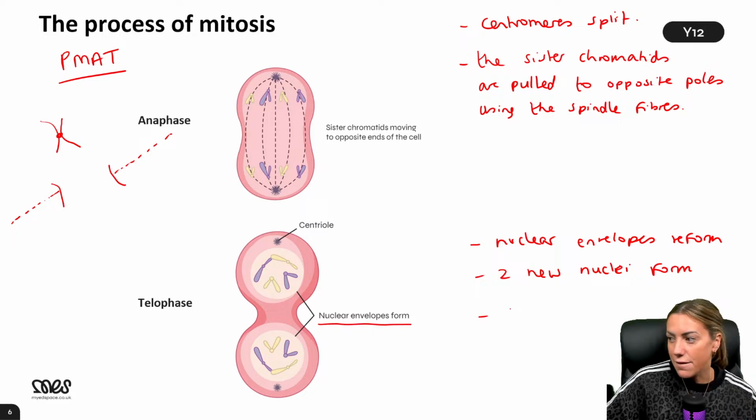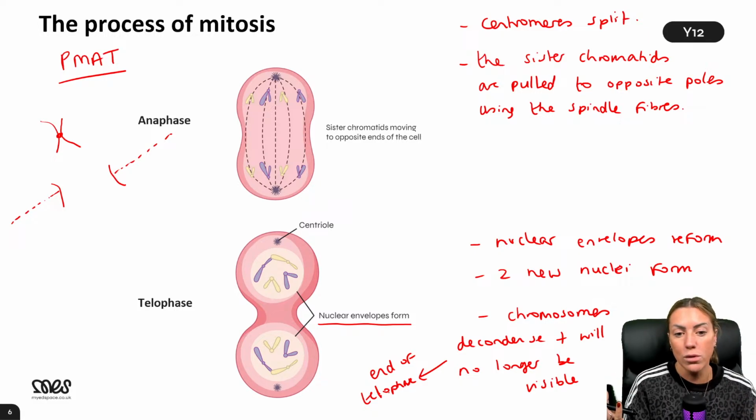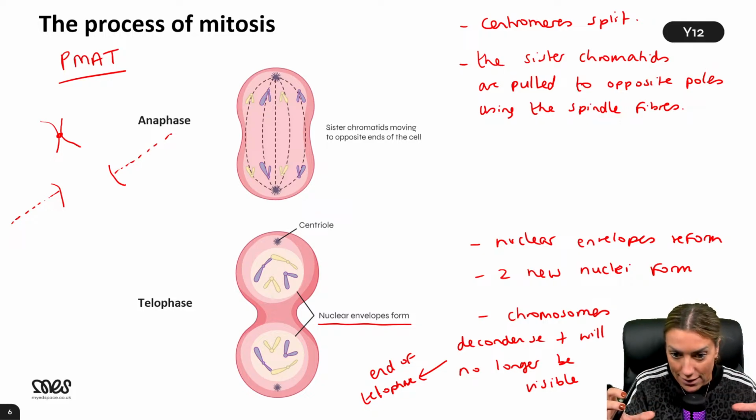At the end of telophase, so I'll put it last so it's in the right order, the chromosomes decondense and will no longer be visible. So they've reached the opposite poles, they decondense, you can't see them anymore, and the nuclear envelopes reform. So at the end of telophase, you've got two new nuclei.